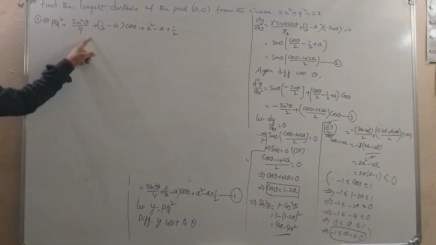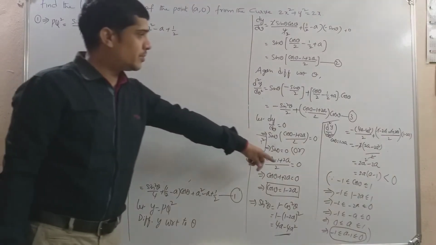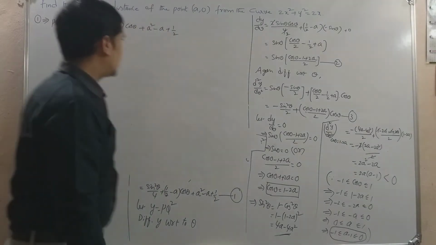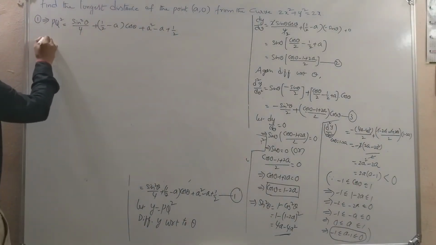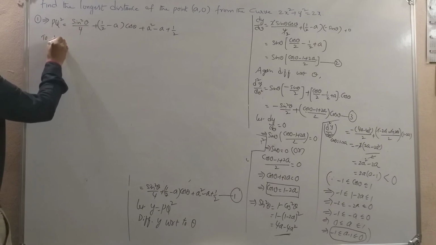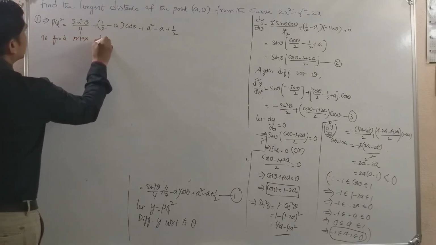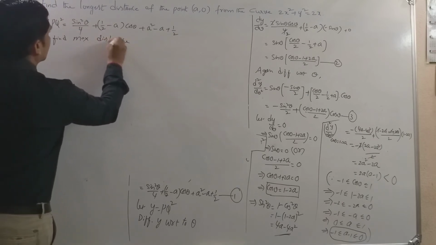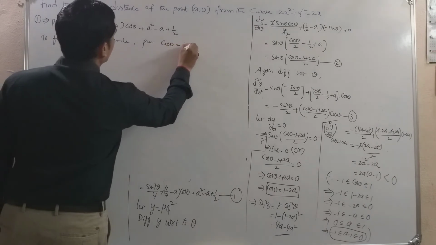That is the PQ square value. But to get the maximum value, the cos theta value should be taken as 1 minus 2a. So to find the maximum distance, put cos theta equal to 1 minus 2a.